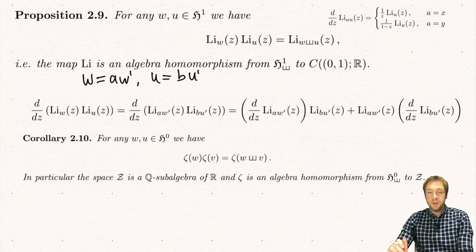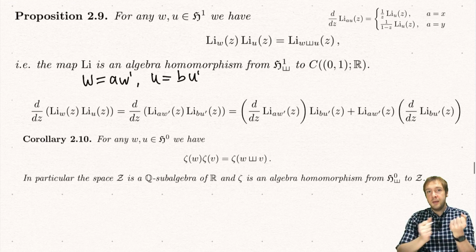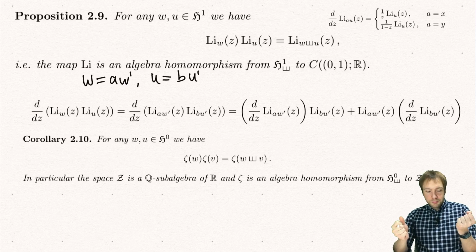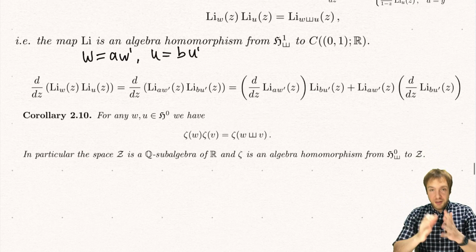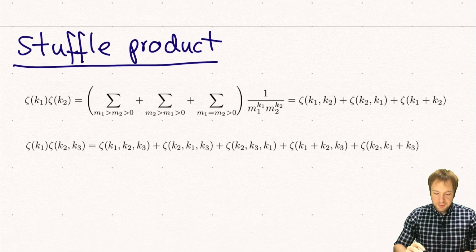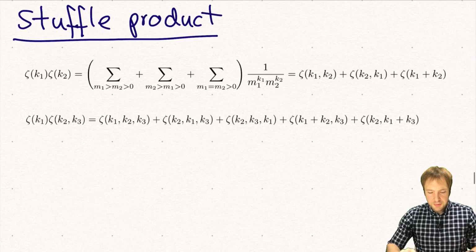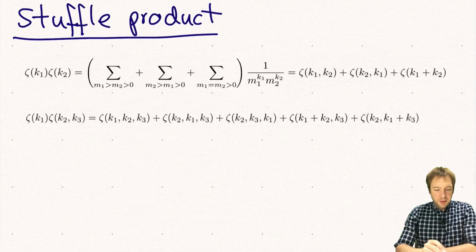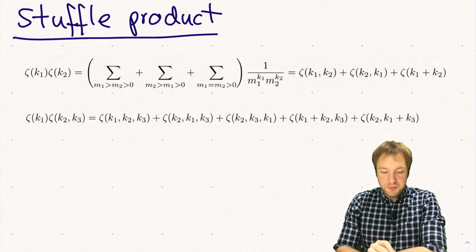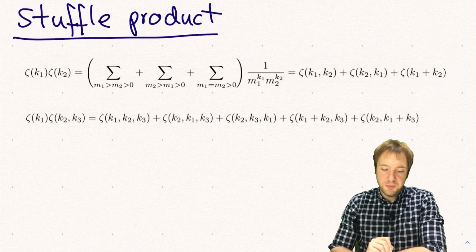Now we want to talk about the second product, which we introduced first in the first section, namely the stuffle product, which came from the fact that we can multiply these sums and then reorder the summation, splitting it up into different parts. Let me recall what we meant by the stuffle product. In the easiest case, if I multiply two Riemann zeta values, this just meant I can split up the summation like this, so I get again a linear combination of multiple zeta values.